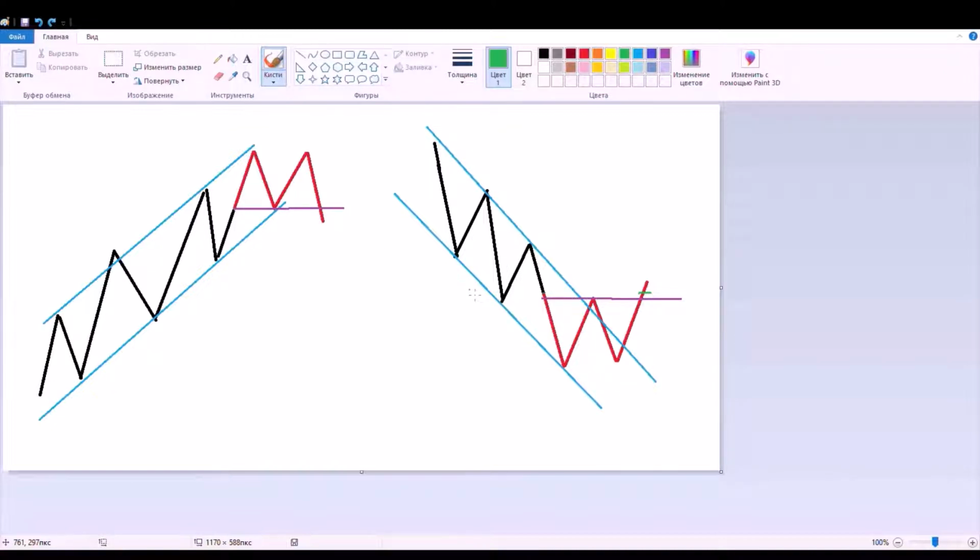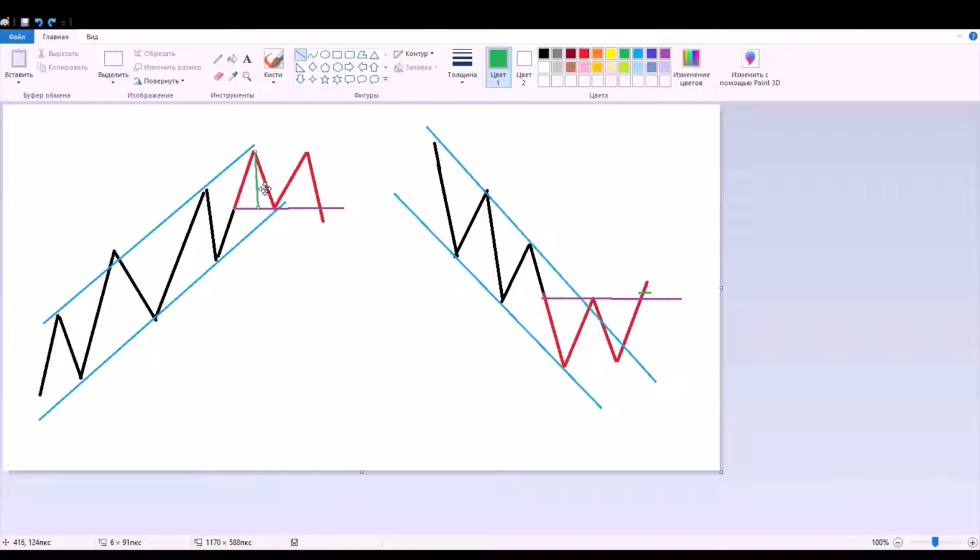So after we break the neckline, where should we put our stop loss and where should we take our profits? Here is how this works. After the break of the neckline, we can expect a move downwards as much as the height of the double top formation.